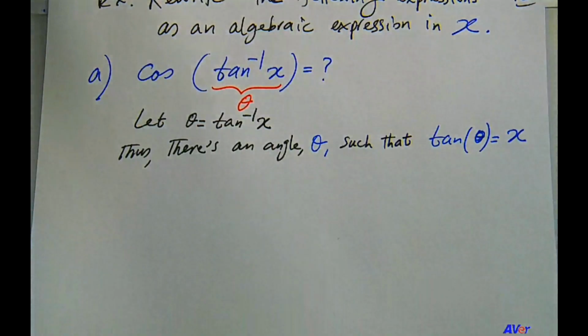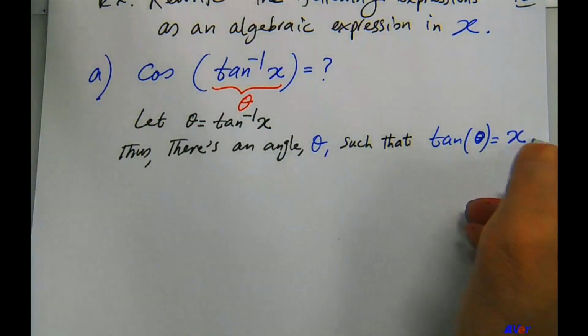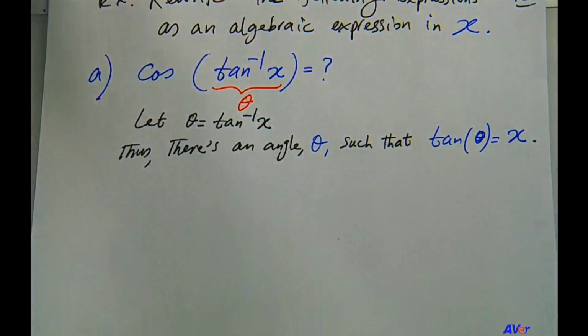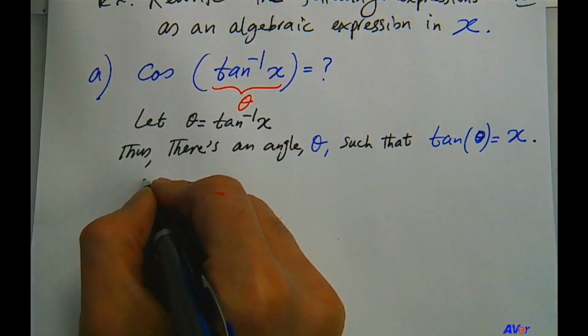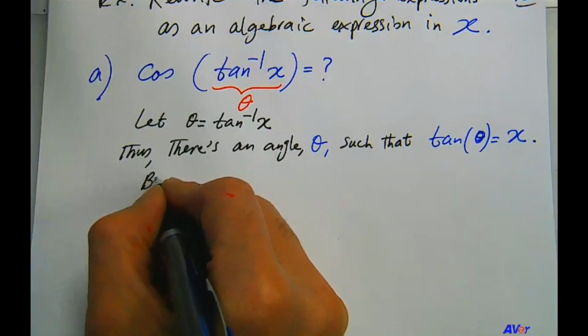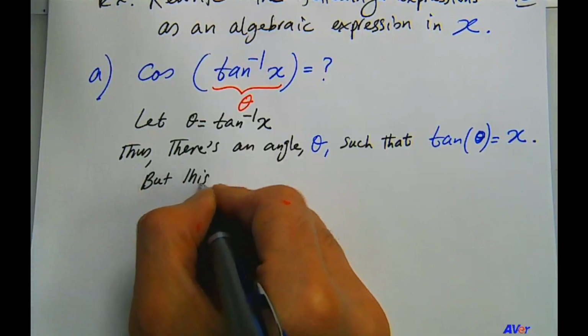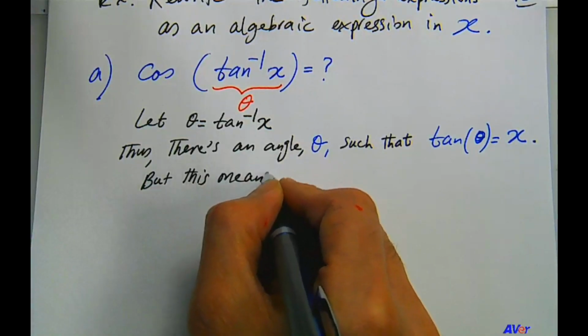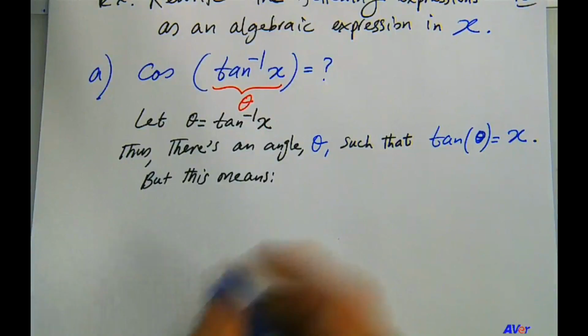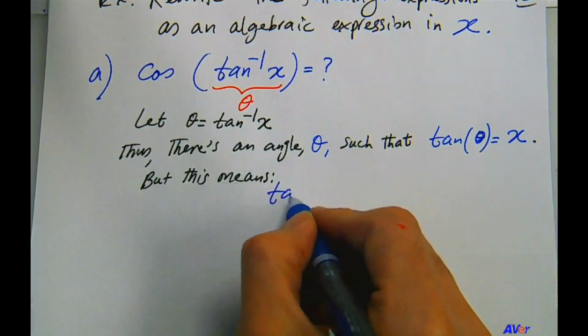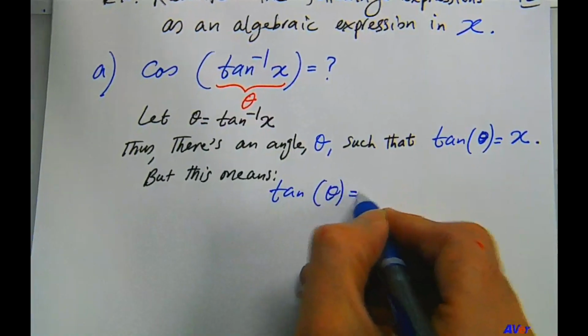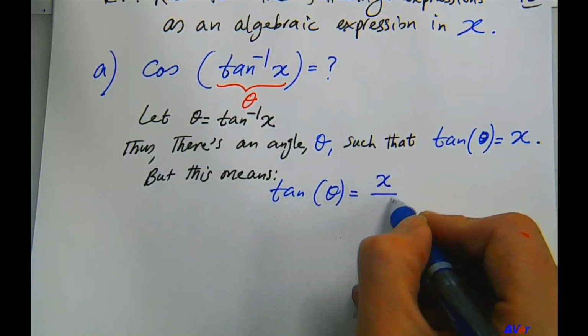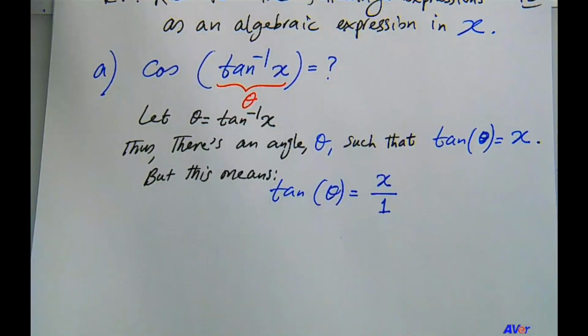There's x, but this also means the following. So tangent of theta is equal to x over 1, right?